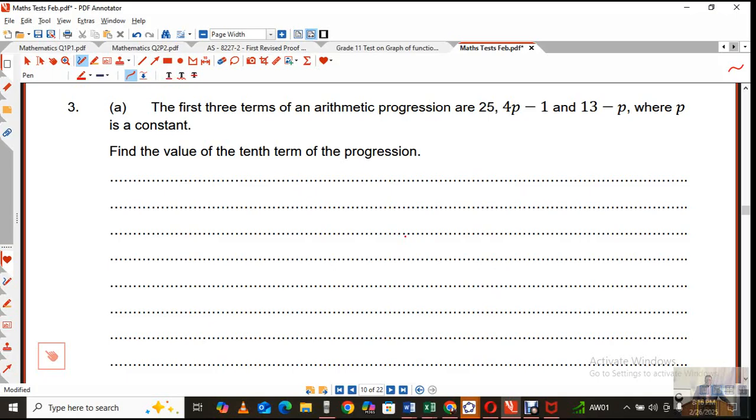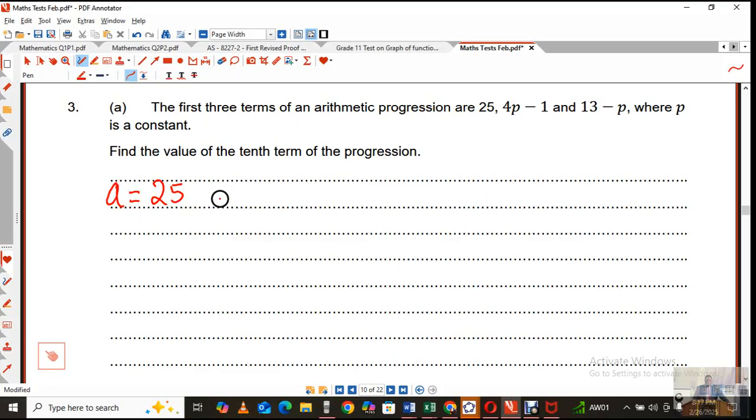Now, 3A says the first 3 terms of an arithmetic progression, okay, are 25. The second term is 4p minus 1. The third term is 13 minus p. So where p is a constant, so what is it that we know? We know that A represents the first term, that is the letter we use, so first term is 25.